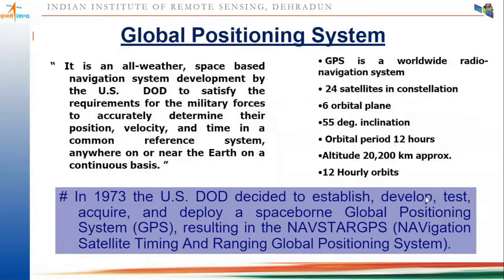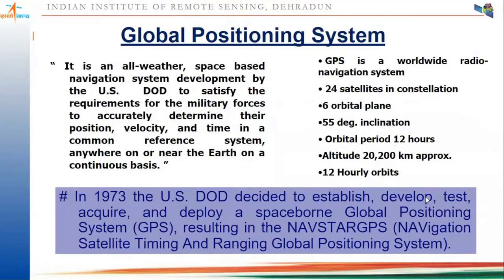GPS is a worldwide radio navigation system. It covers the whole globe, and there are 24 satellites in this constellation. There are some redundant satellites as well, but at a time 24 satellites are in operation. These are divided into 6 orbital planes.